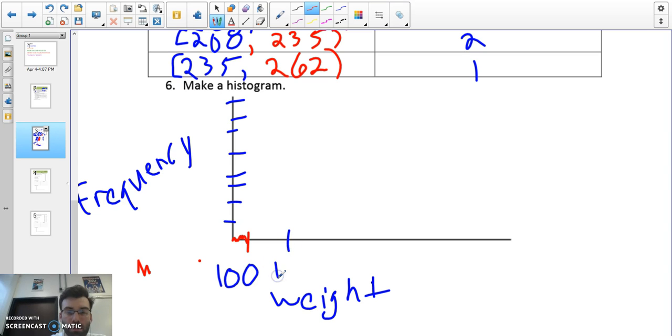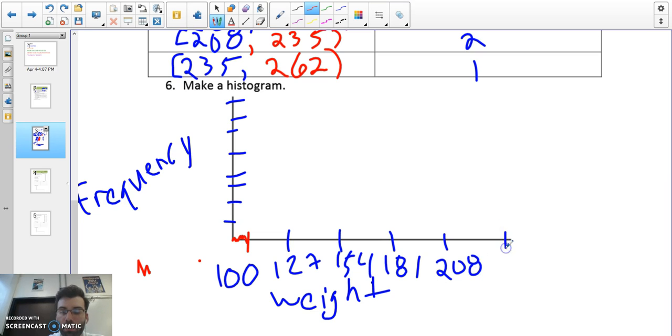Next number, 127, 154, 181, 208. You usually have some more space if possible. 235, and lastly, 262.